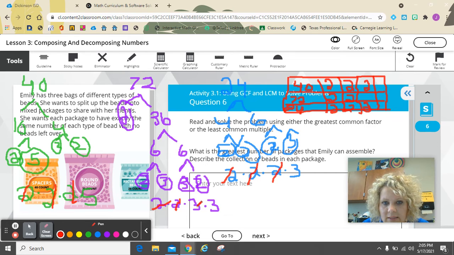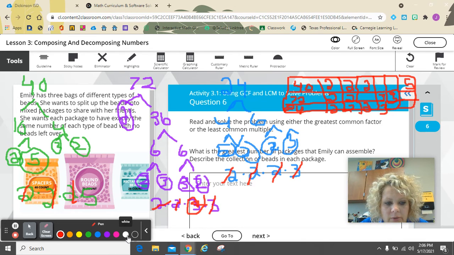I have a 72 and a 24 that have a 3 in common, so I can put a 3 here and a 3 here. That knocks out that one and that one, but I still have a 3 in 72. So in this next column, I'm only going to put 1 in the 72 because that's what's left. So a 3 will go here. And then I have a 5 left, and the only thing that has a 5 is 40. So I'm only going to put that in 40.